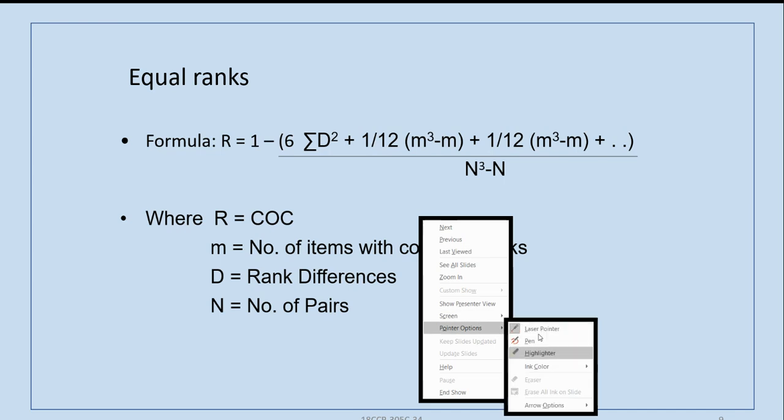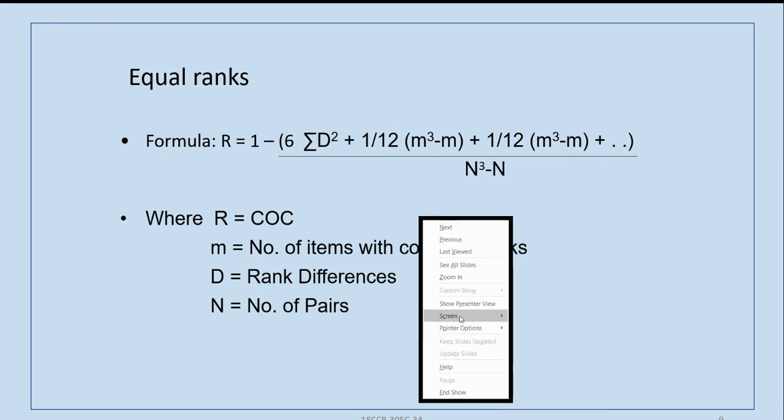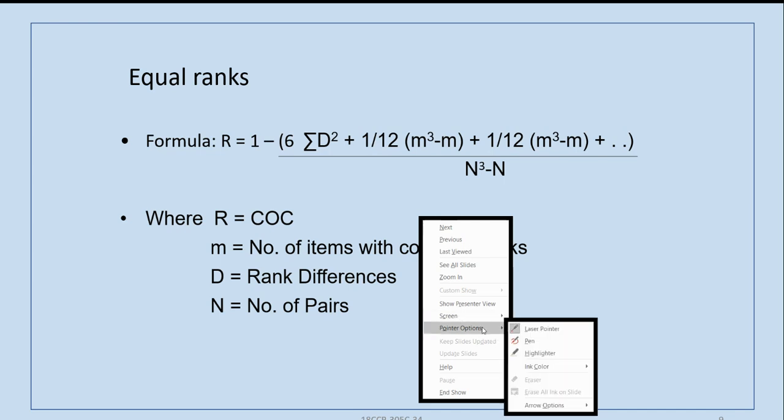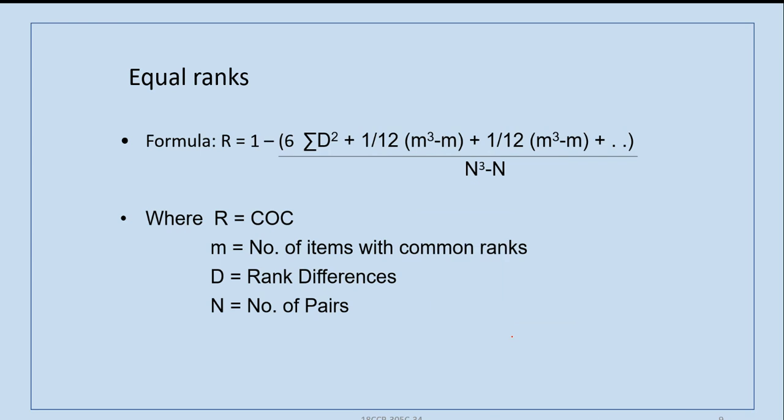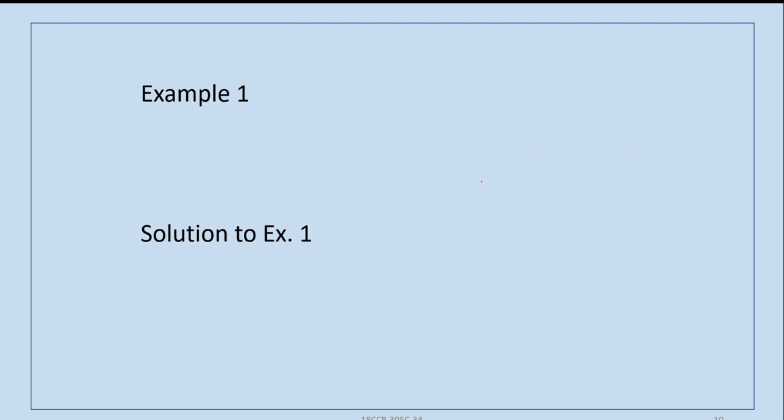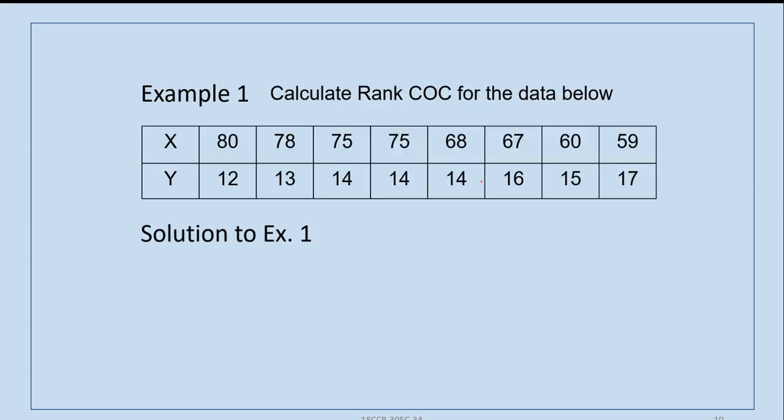We have to work through and understand this very carefully, because this is a very important point. This part is extra. This is the same and this is the same. Right? We will see one example.